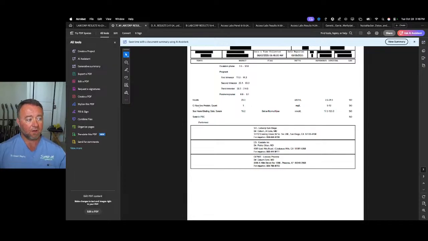And finally, what we have here, C-reactive protein. This is another cardiovascular inflammation marker, and hers is 1, which is within the range. But I can tell you, I like to see this below 1. To me, that's optimal. 1 to 3 is subclinical high.